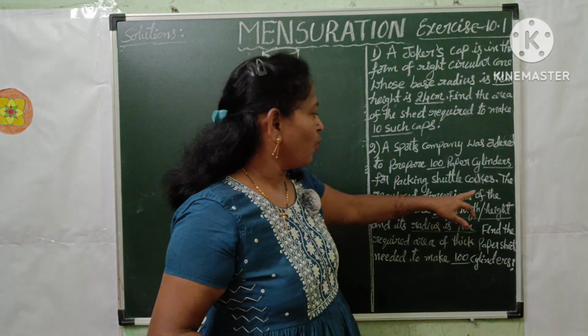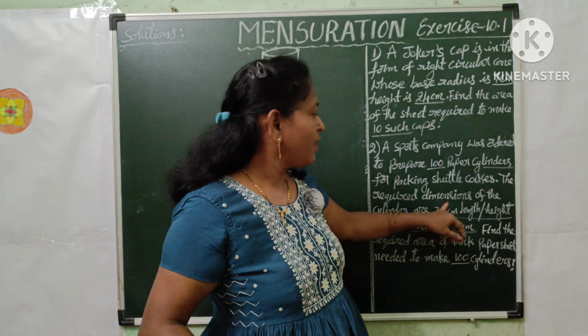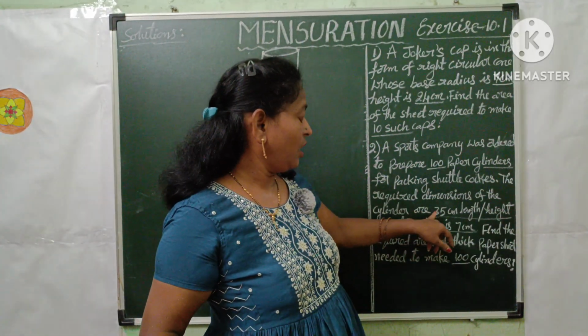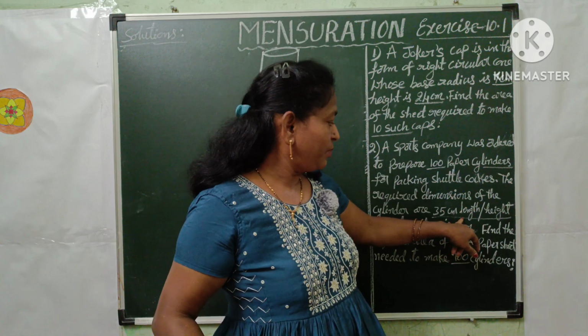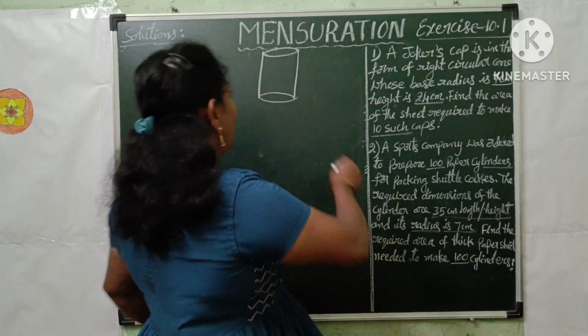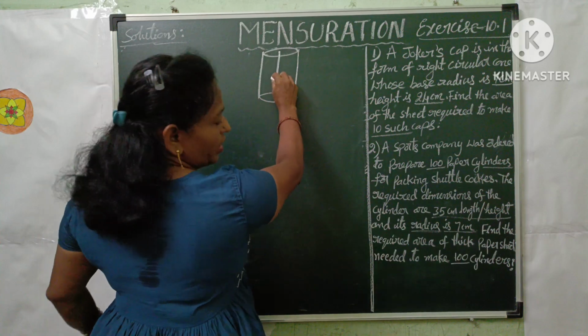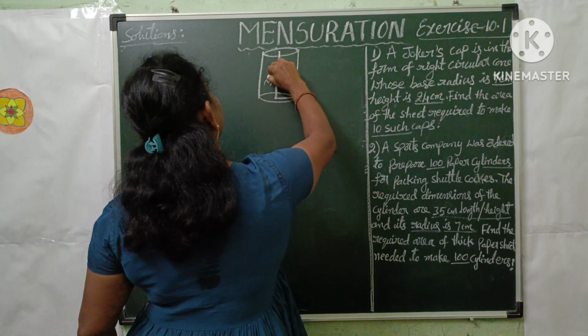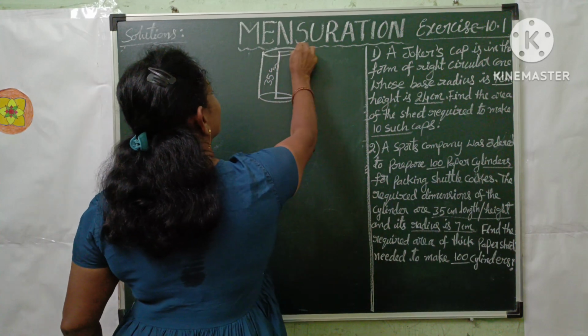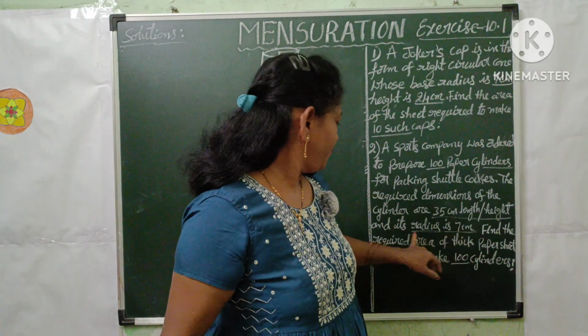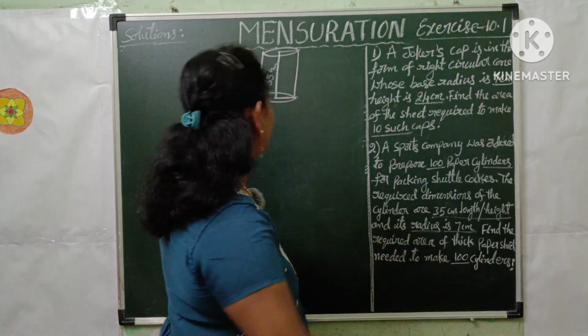Now the required dimensions of the cylinder are 35 centimeter length or height. Here, how much height have they given? 35 centimeters. Next, radius is 7 centimeter.